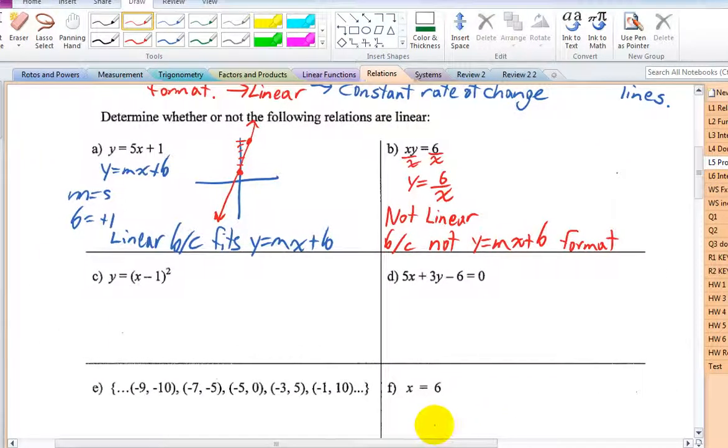Okay. Well, the next one, y equals x minus 2, and it's all squared. This is the type y equals x squared. So anything with an exponent more than 1, it's not linear.